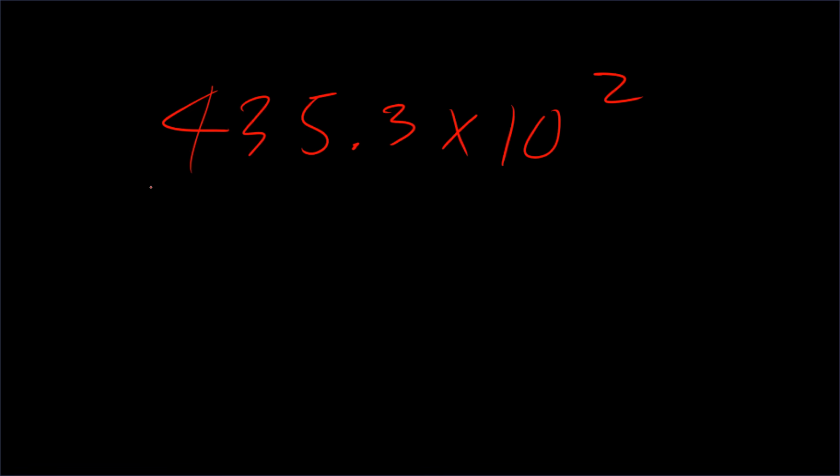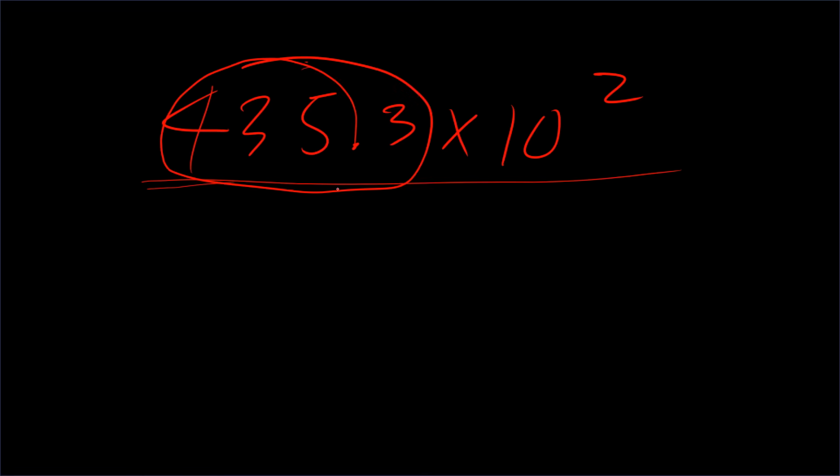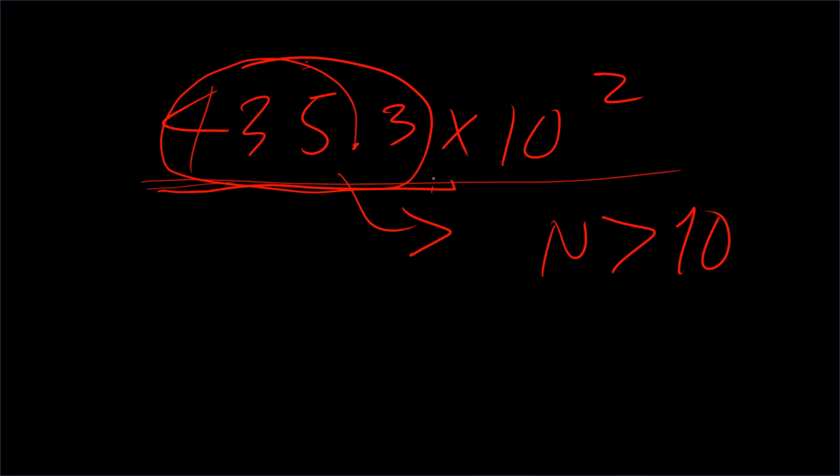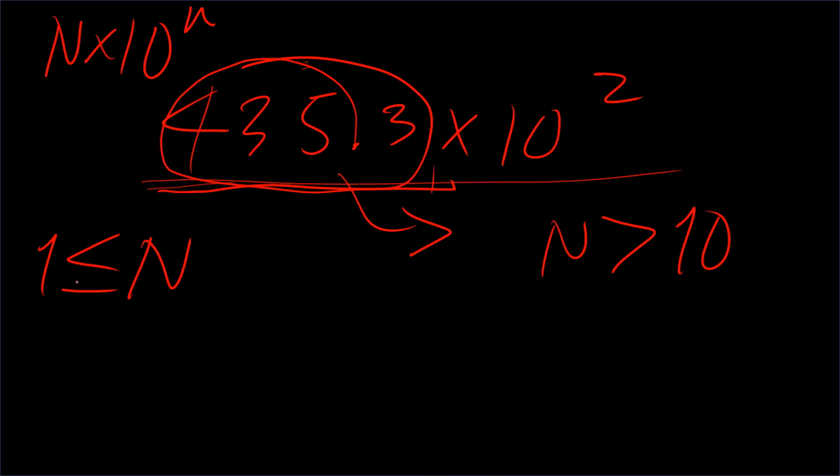So clearly, mali yung pagkakasulat niya ng scientific notation kasi this n is greater than 10. So sabi natin, di ba, yung n sa ating scientific notation, yung n times 10 raised to a certain degree, must be greater than or equal to 1, pero dapat less than 10 siya. So therefore, mali itong pagkaka-express nito sa scientific notation.